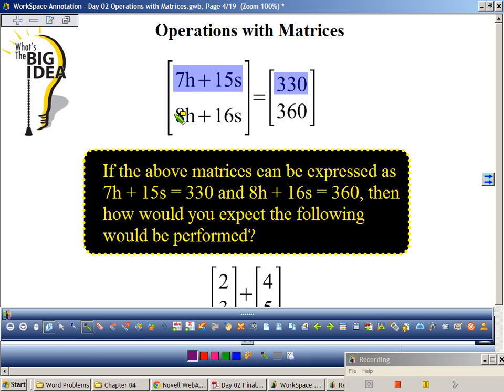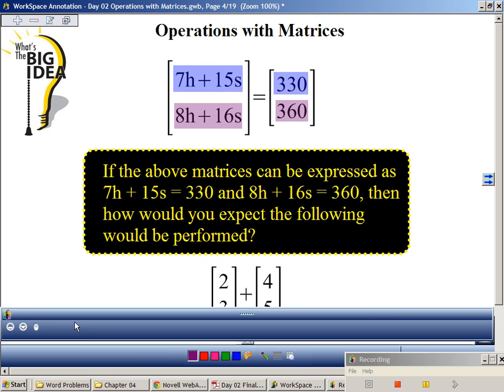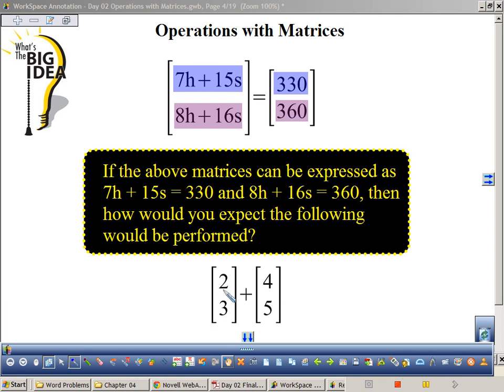Correct? It says this is equal to this. And this is equal to this. Is that easier to see now that it's a 2 by 1? See how there's space in between there? That makes two different pieces of information. That's one piece of information.